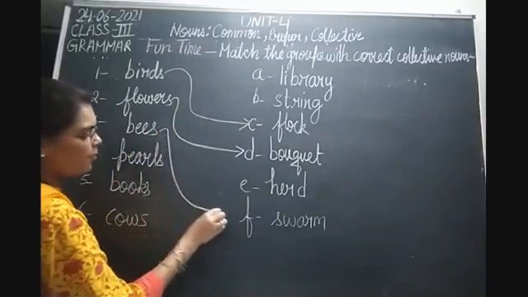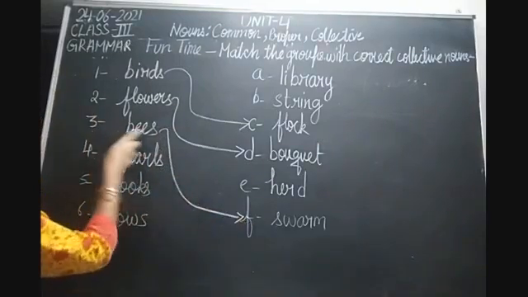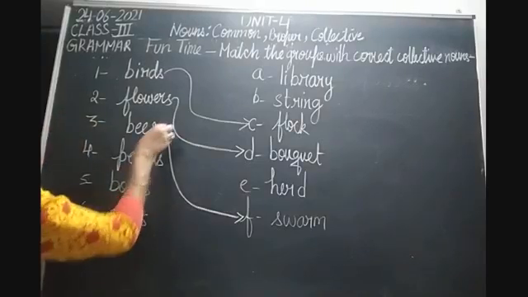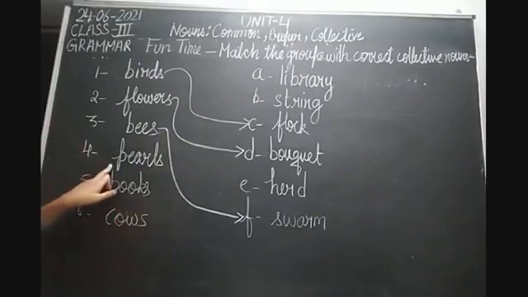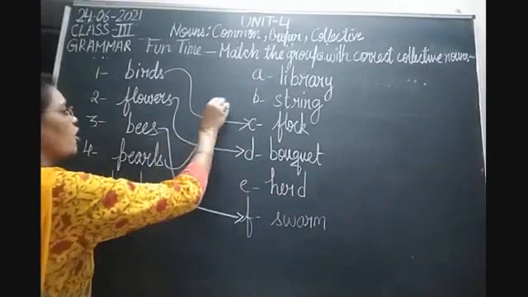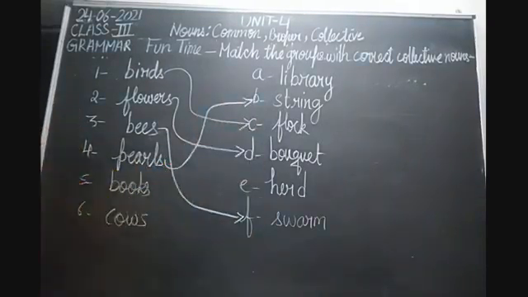Bees, a swarm of bees. So match the third one with F. A swarm of bees. Then pearls. Pearls means moti. So match fourth one with B. A string of pearls.